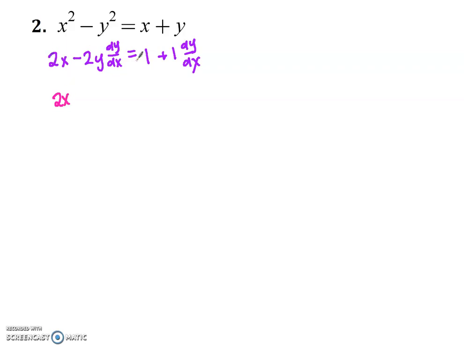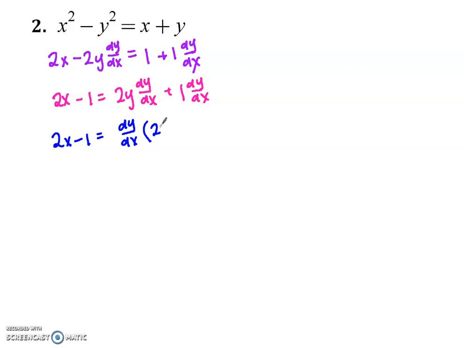So I'm going to leave the 2x, and I'm going to subtract this 1. I'm going to add the 2y over. And then the point of moving all the dy/dx's to one side is so that you can GCF out the dy/dx. You're left with a 2y plus 1.